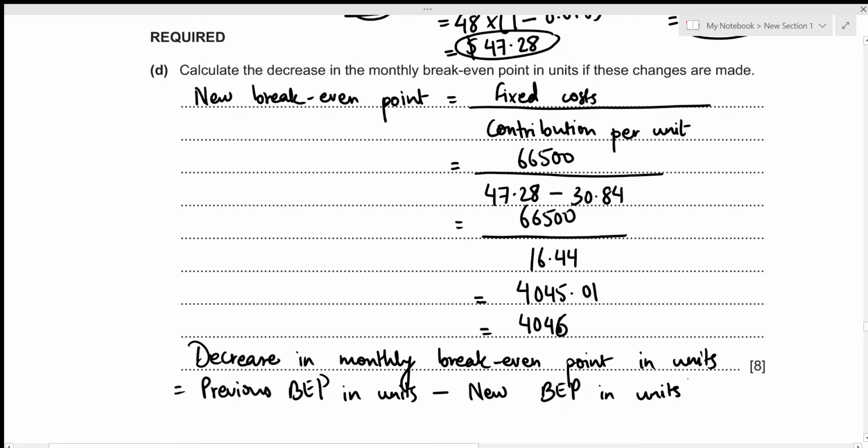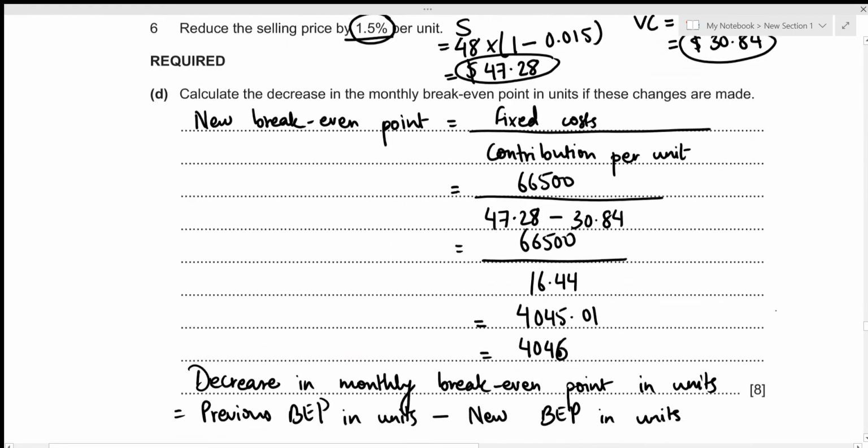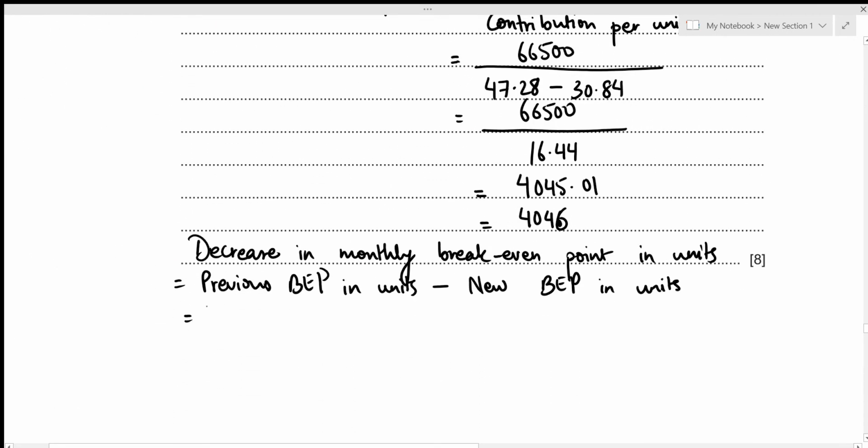So let's have a look above. We already figured out previous break-even point in the above question, and the break-even point was 4,715. Let's write it down. So that's 4,715 minus the new break-even point, which we just figured out to be 4,046. Alright, then this gives the decrease in monthly break-even point in units to be 4,715 minus 4,046, which results in 669 units. Alright, so this concludes the fourth part of this question. Now we can move towards the fifth one.